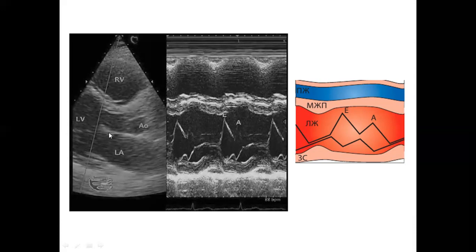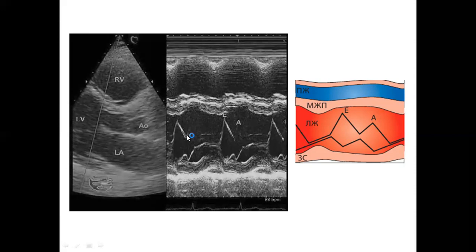And here are the anterior and posterior leaflets of the mitral valve. Here is the wall of the right ventricle. This black line is the cavity filled with blood. This is the interventricular septum. Here the black one is the cavity of the left ventricle.